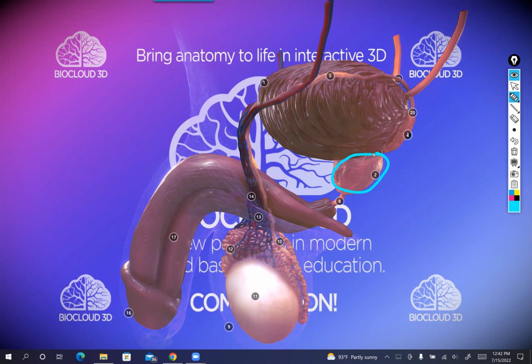There is very robust evidence to show, though, that regular ejaculation has a preventive role in prostate cancer.